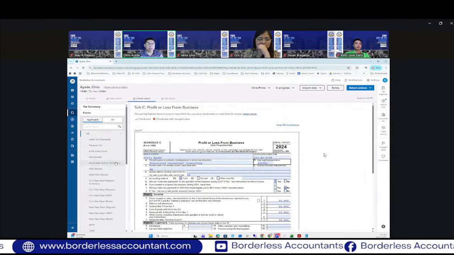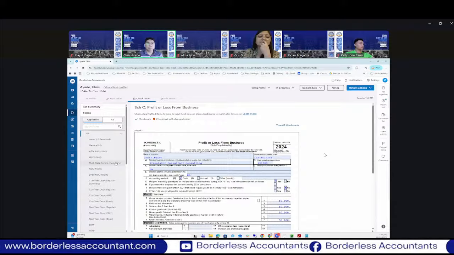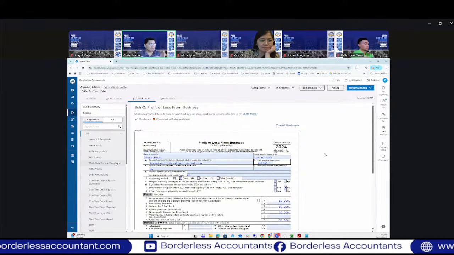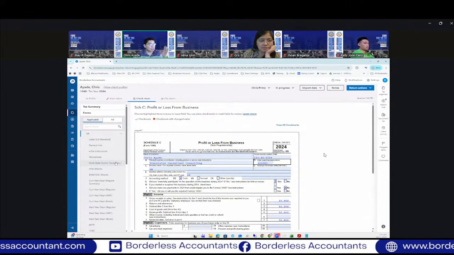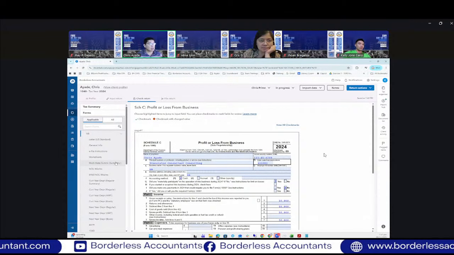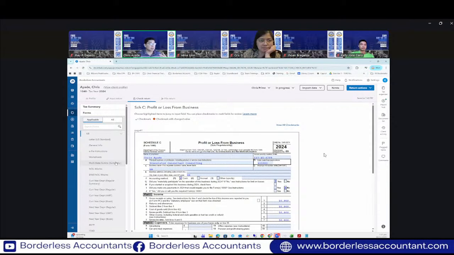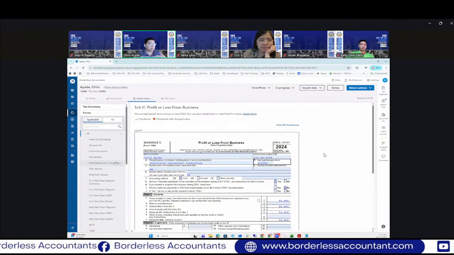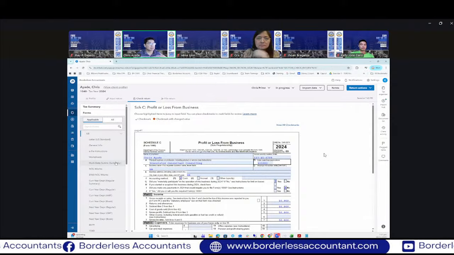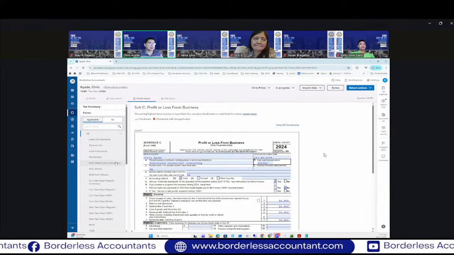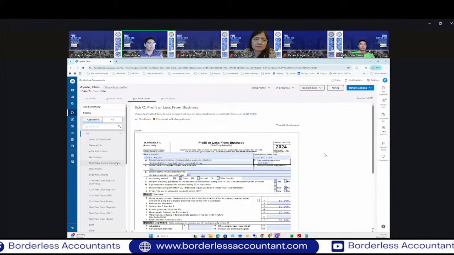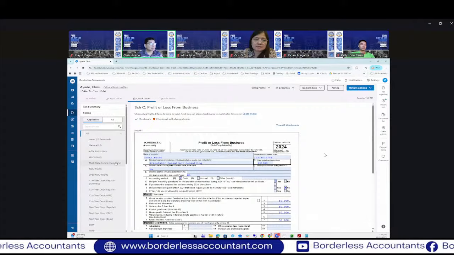Okay, and also if you notice, the IRS actually favors accelerated depreciation. Like early years, ina-allow niyang mag-deduct ng higher amount of depreciation si taxpayer para mas lumaki yung deduction, because if you think about it, their government is supporting mga startup businesses, diba?